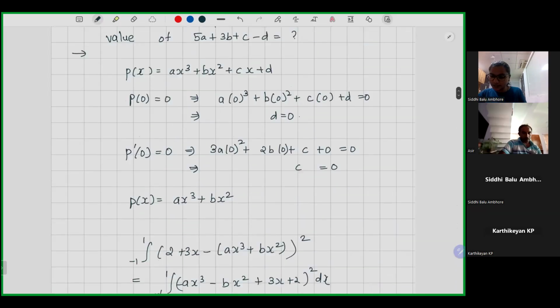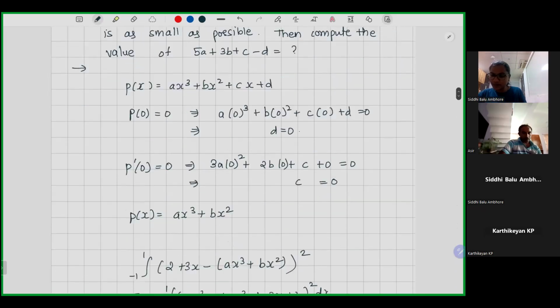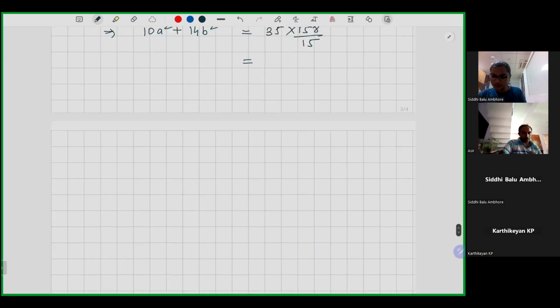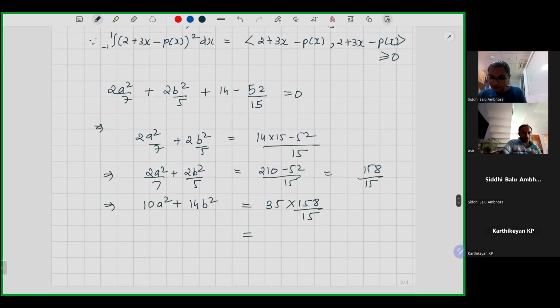And based on that, I think we can, okay, 5a plus 3b was asked. What we had here was 5a square plus 7b square.